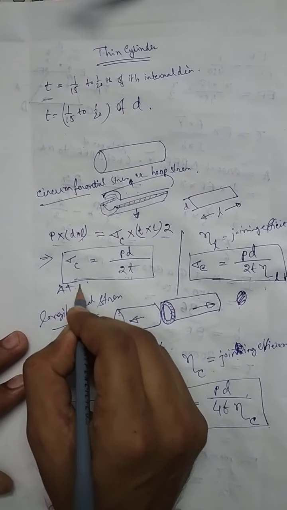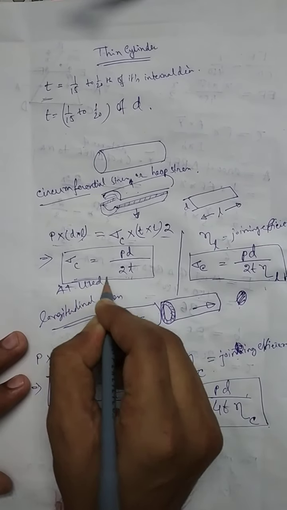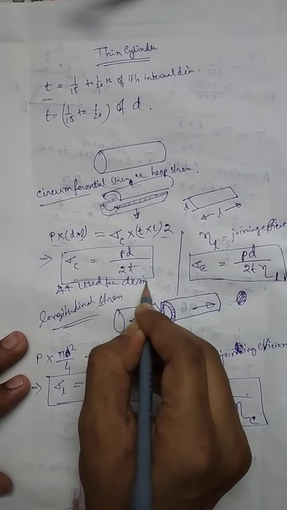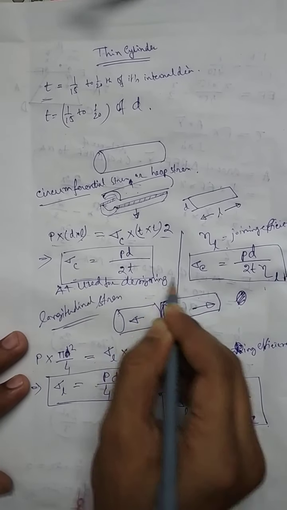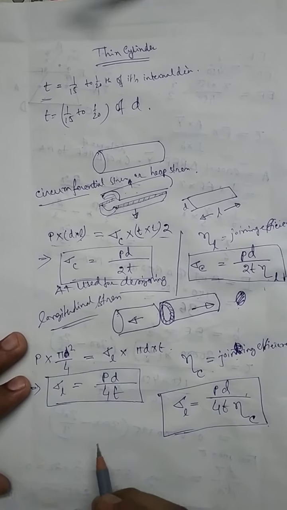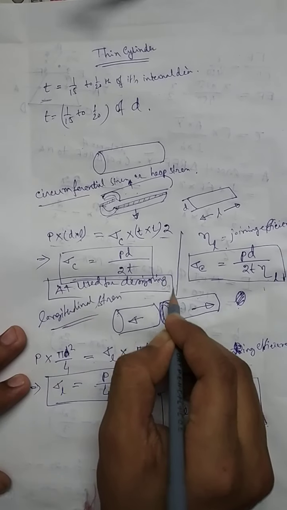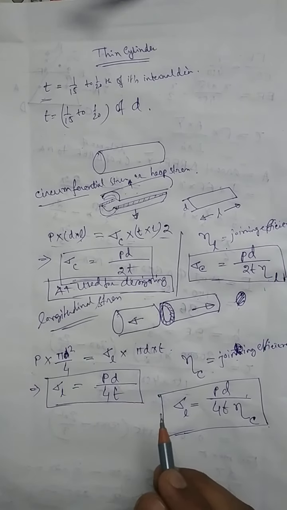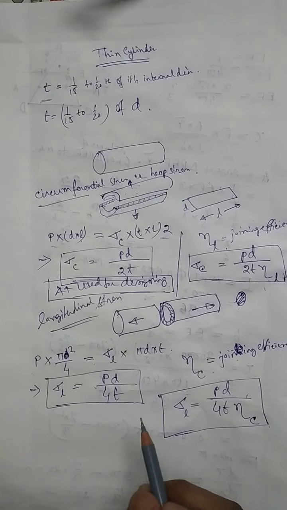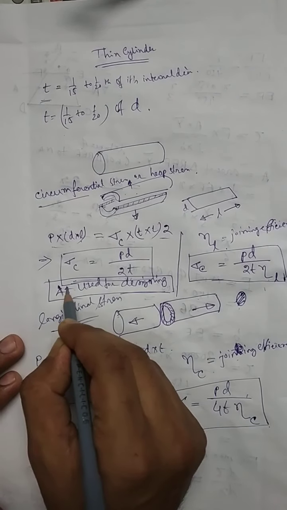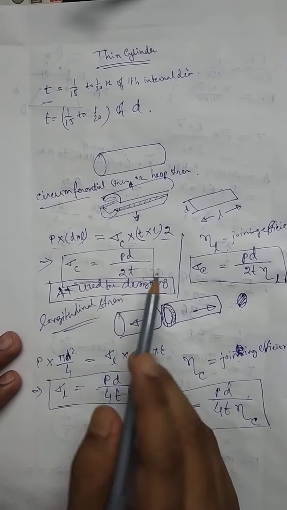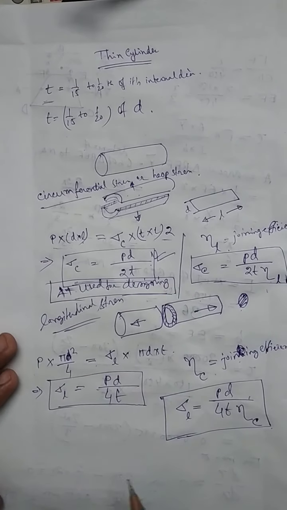So this is used for all designing purposes, with a factor of safety. We also have to use the factor of safety, and this formula should be used for designing purposes.